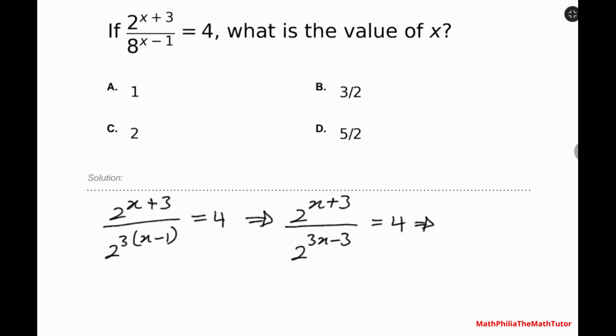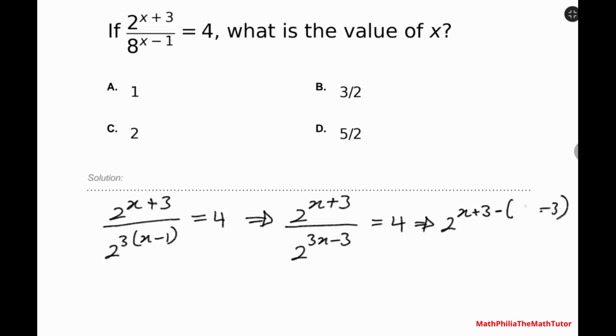Well, if you remember, I showed a property that if the bases are the same, and you have division in between them, you can just subtract the powers. So let's go ahead and do that. We have 2 raised to the power of x plus 3 minus, we are going to subtract the power of the denominator. But here the power of the denominator is not one term, it's 2 terms. So that's why it is very important that we open a bracket and write 3x minus 3.